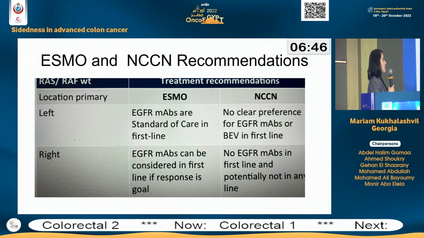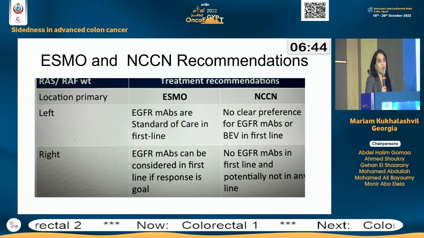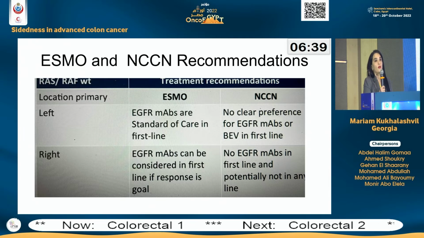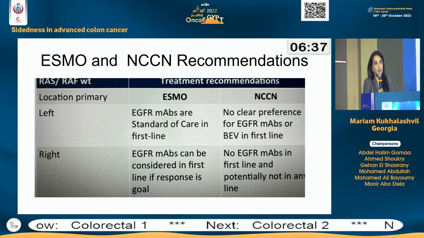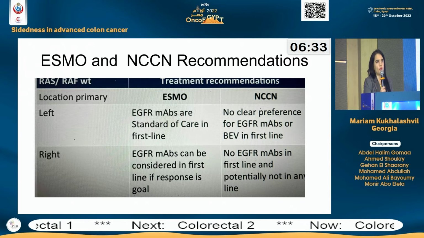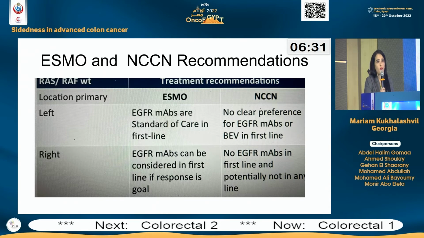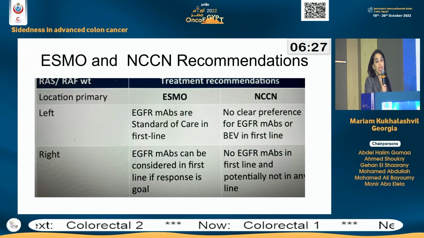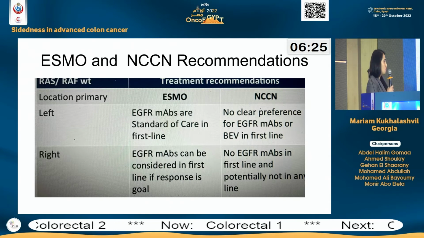We can make a very small conclusion that cetuximab should be a first-line treatment recommendation for patients with left-sided tumors. Of course, this cancer should be BRAF, KRAS, and NRAS wild type. What about the ESMO and NCCN recommendations?